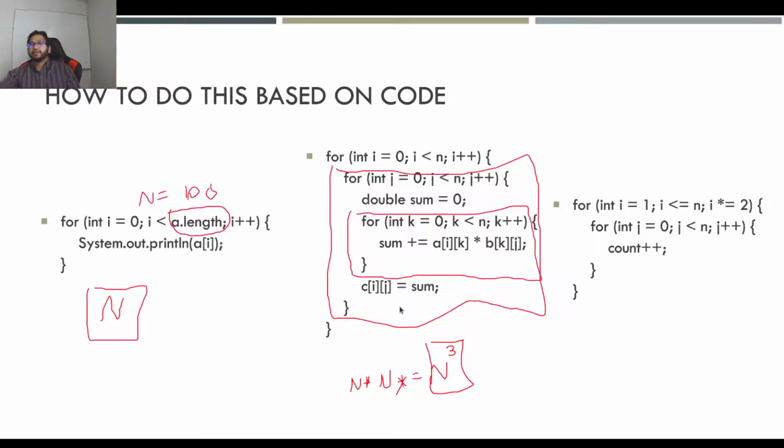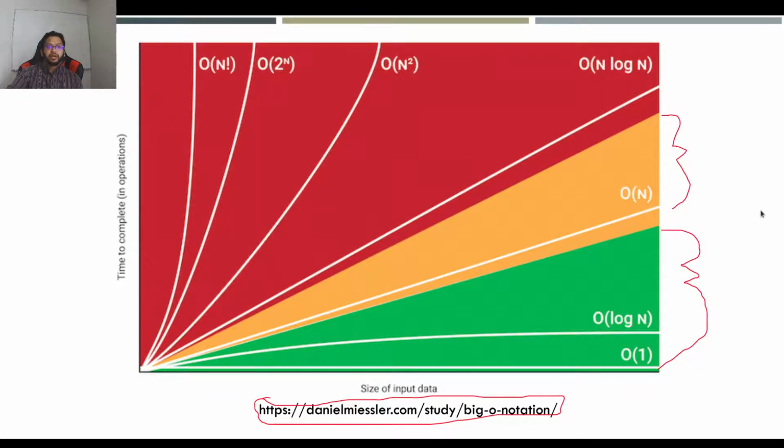Now the last one, this is a little bit more tricky, but let's go over it together. In this case, we would have this as normal, being n. However, here, we're not going up by 1, we're multiplying it by 2. So if we go back real quick, we can see we have n times going up by i times 2.